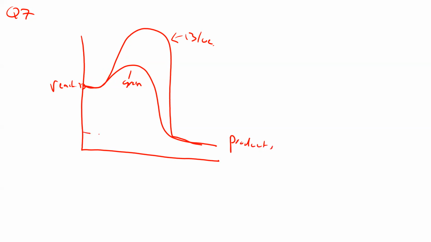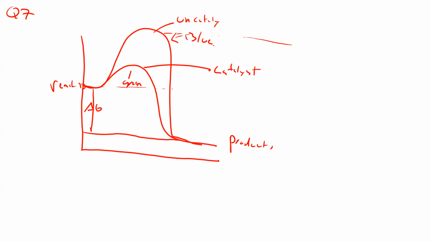This is your delta G. This will be your catalyzed. We add a catalyst. This will be uncatalyzed then. Remember, we're looking at the activation energy. And this line right here, and this line right here, will be your standard free energy of activation. So EA is what I'll call it.